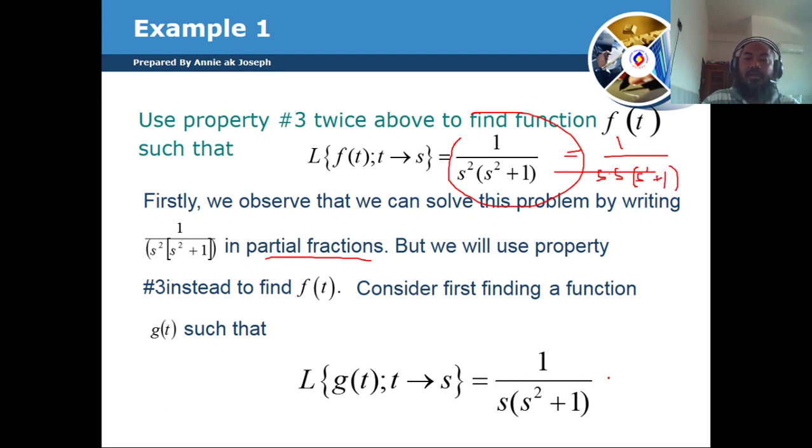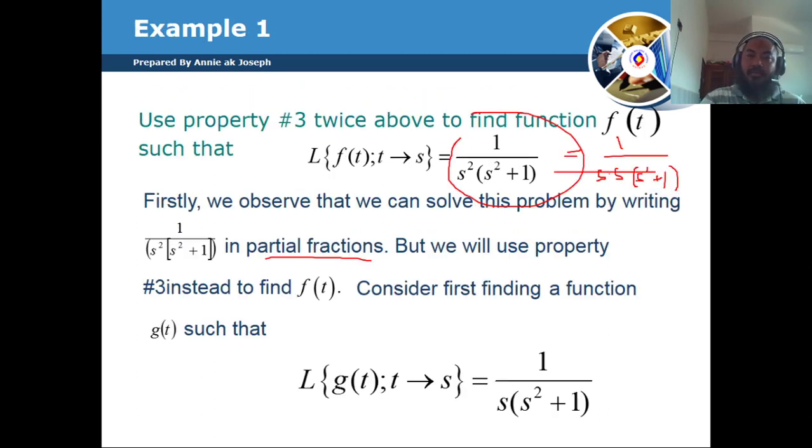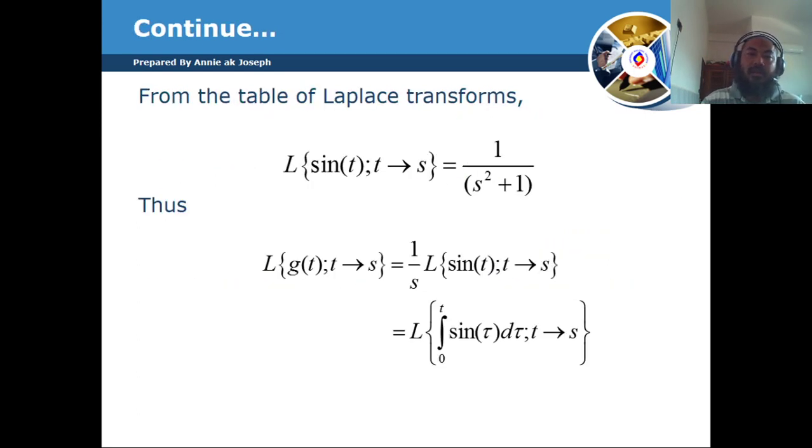From the table of Laplace transforms, if we have the form 1 divided by s squared plus 1, this is a sine, right?